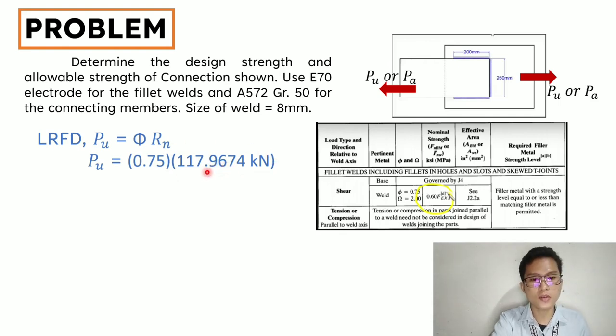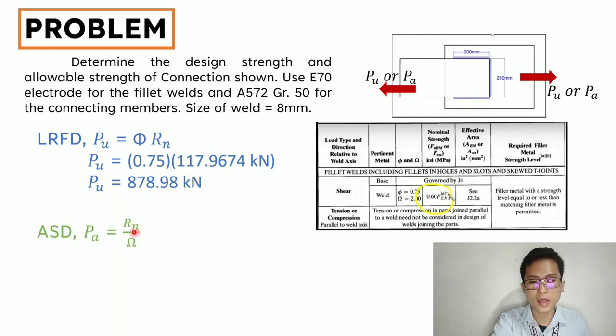This value is the one we solved earlier, and this value of phi came from this table. As you can see, the value of phi is equal to 0.75. By multiplying it, we will get 878.98 kilonewtons. This is the value of our P sub U.